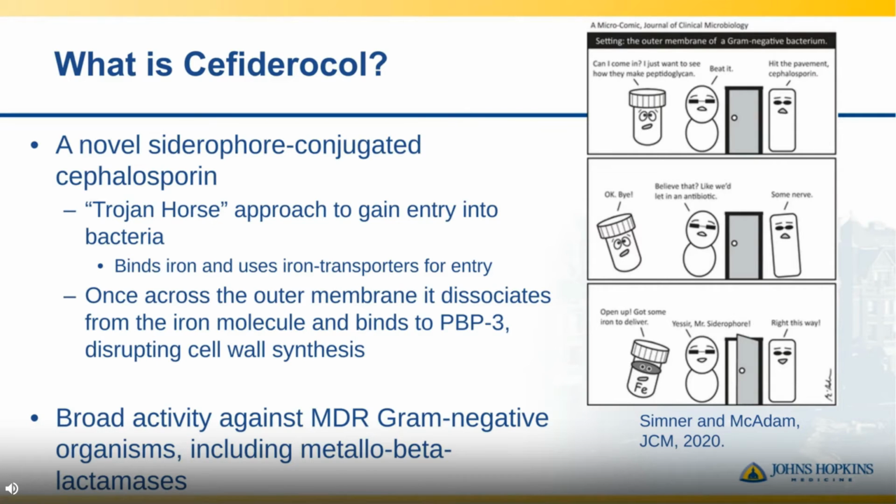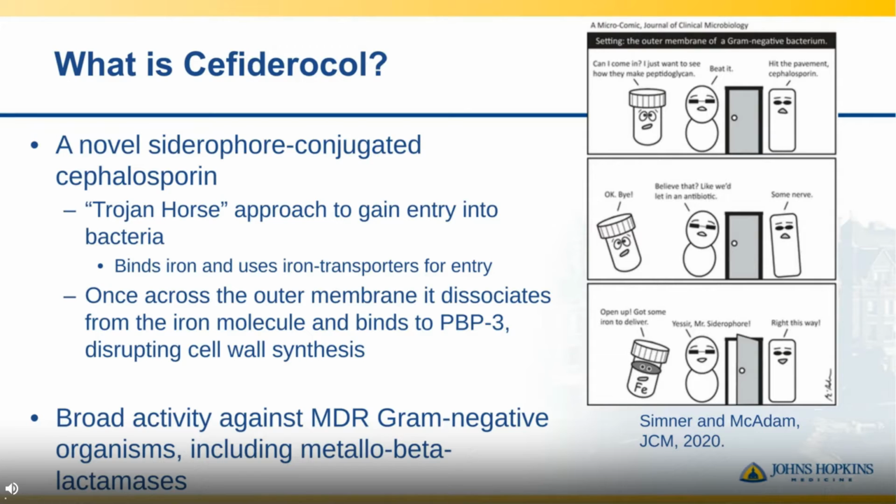So what is cefiderocol? You might be asking. Cefiderocol is a novel siderophore conjugated cephalosporin that uses this Trojan horse approach to gain entry into the bacteria. The siderophore component will bind free iron, and once that iron is bound to the agent, it can then use iron transporters for entry into the cell.